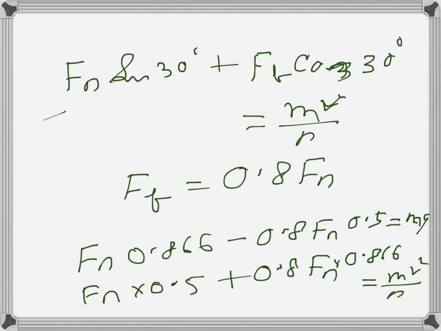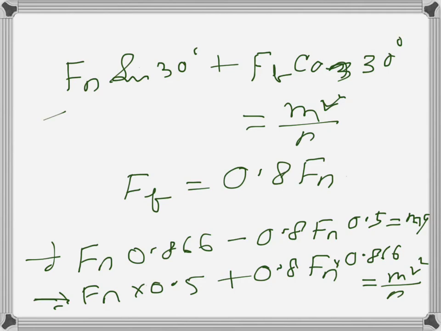If I divide the second by the first, we can take Fn outside the bracket and it gets cancelled.